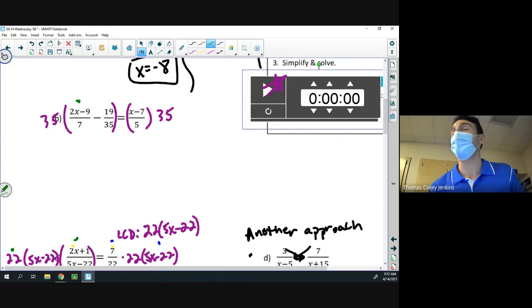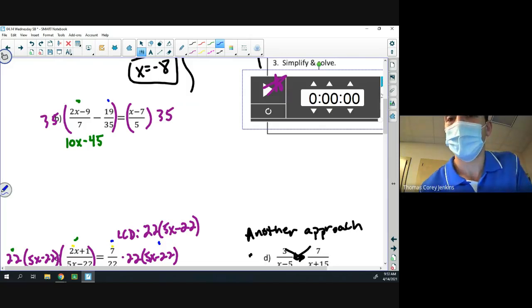We're really doing 5 times 2x minus 9, okay? So 5 times 2x minus 9 would be 10x minus 45, right? And then the next fraction's a little bit easier because 35 over 35 is 1, right? So then I'm taking negative 19 times 1, or just minus 19.